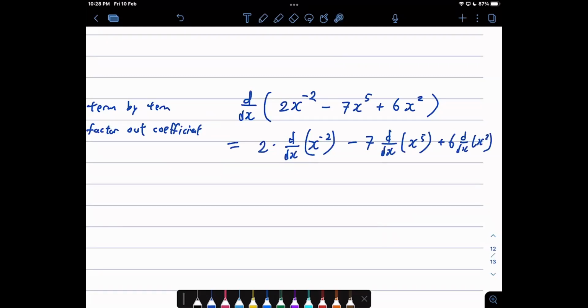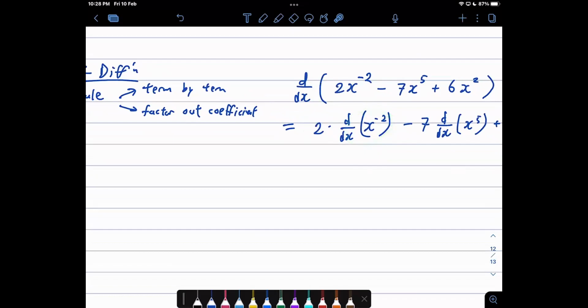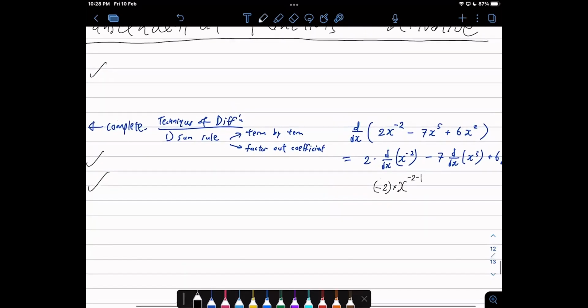Then how do you differentiate x power negative 2? Bring down the old power, multiply by the base, minus 1 to get the new power. So on and so forth. This is known as the power rule. Just a recap only. More generally, differentiate x power n equals n times x power n minus 1.